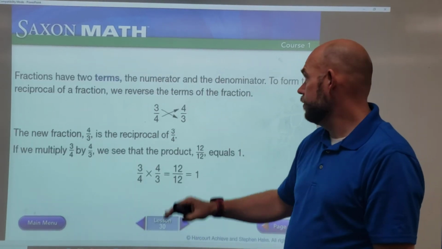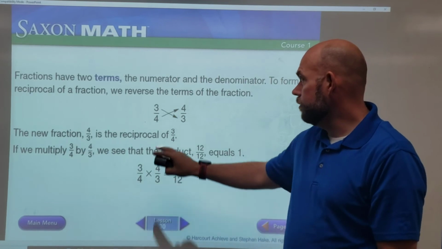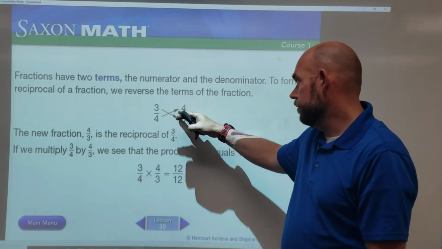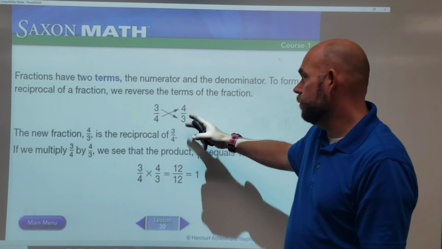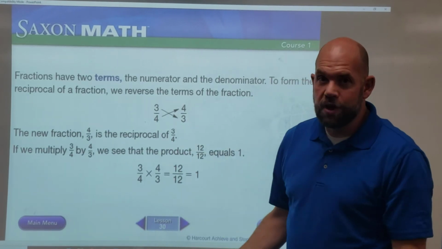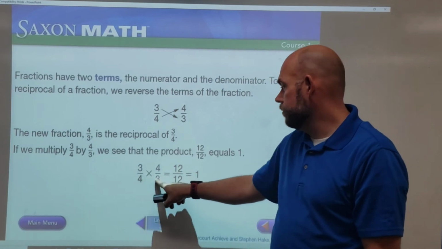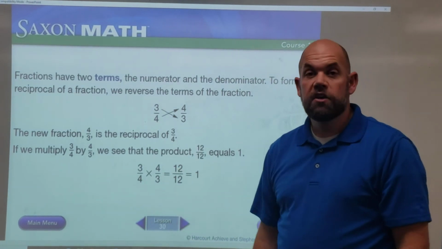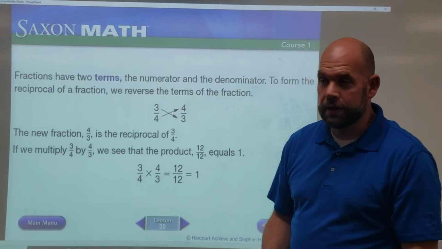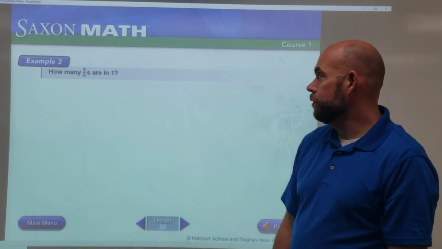Fractions have two terms, your numerator and denominator. To form the reciprocal, we're simply reversing those. The reciprocal of 3/4 is 4/3. We know it checks out because when we multiply, 3 times 4 is 12, 4 times 3 is 12, and 12 over 12 is 1. It's always going to equal 1. So how many 2/3 are in 1?